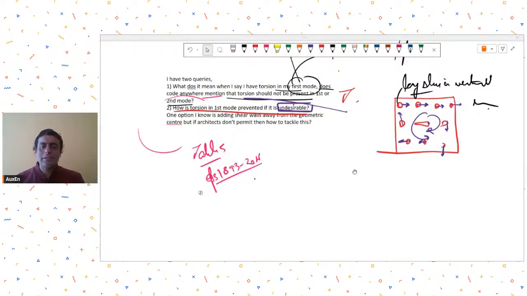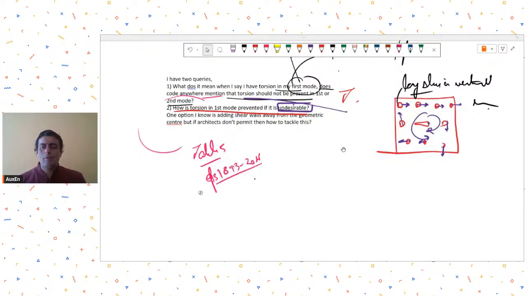It sets out some parameters for when a plan torsion may be allowed and when it cannot be allowed. For that, you can refer to table 5, and you can refer to the amendments to IS 1893 also. There are two amendments, Amendment 1 and 2. You may refer to them.